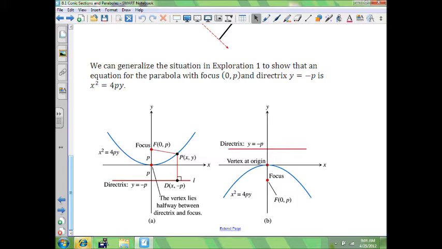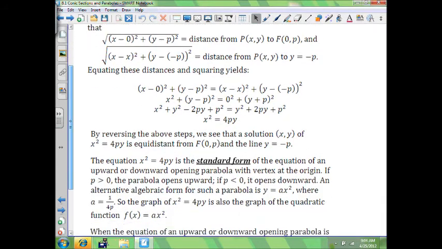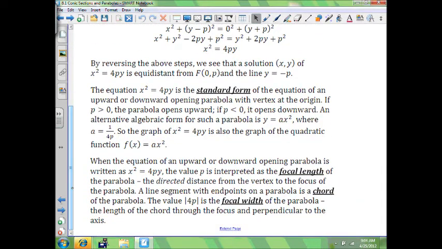The directrix is going to be opposite of where the focus is. Then we're going to have a standard form here to show that a point is on the parabola. The big thing that we need to remember is that the focal width is going to be the value 4p. So that's going to be the width of the parabola at the focus. That's a nice, easy way to draw your parabola.